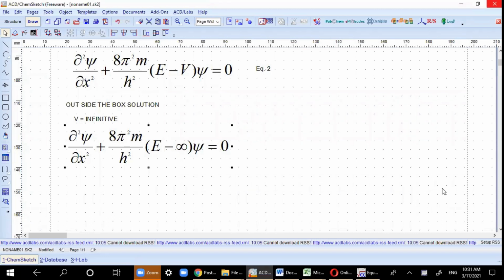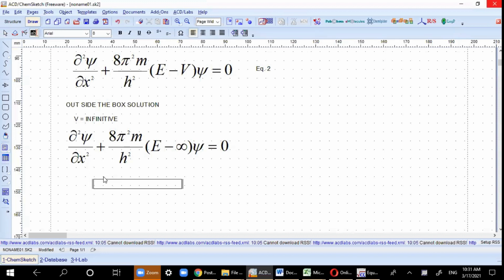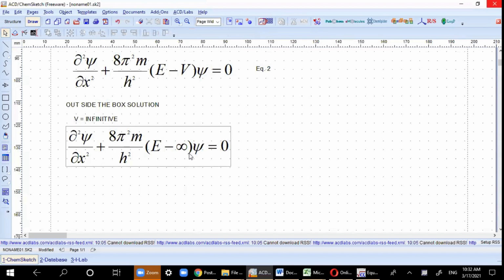Now what is the condition? When infinity times psi has to be finite, psi should be 0.